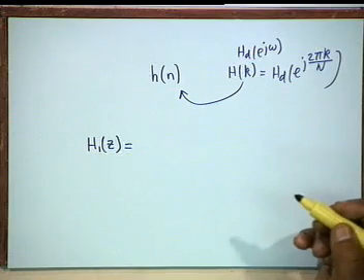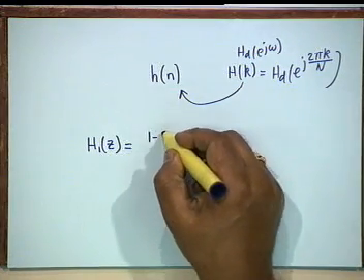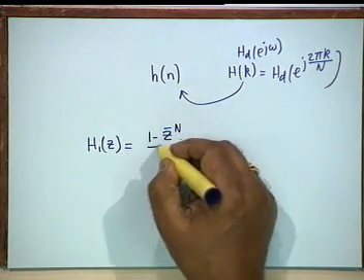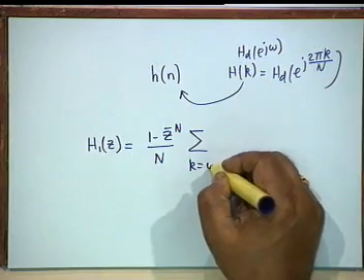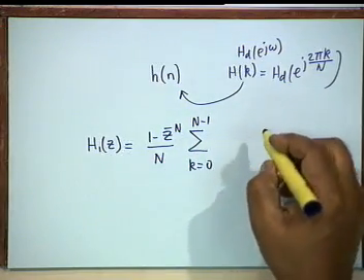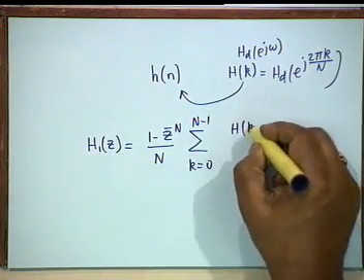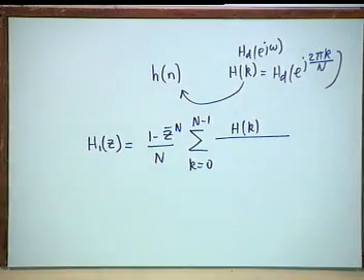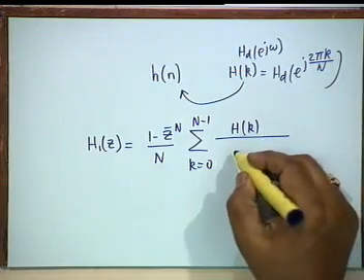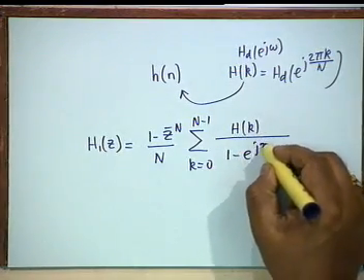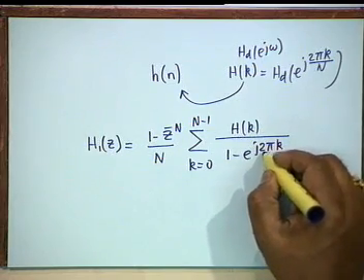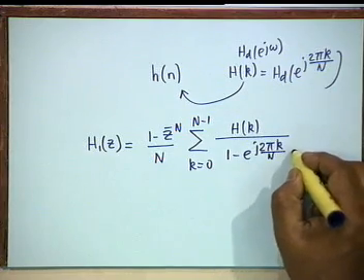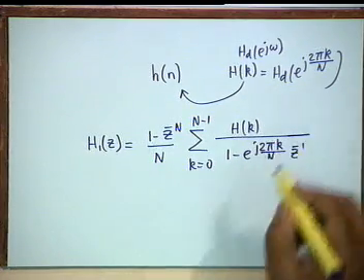function H1 of z can be written in the form 1 minus z to the minus N divided by capital N, summation k equal to 0 to N minus 1, H k directly from the samples, divided by 1 minus e to the j 2 pi k divided by N z inverse.